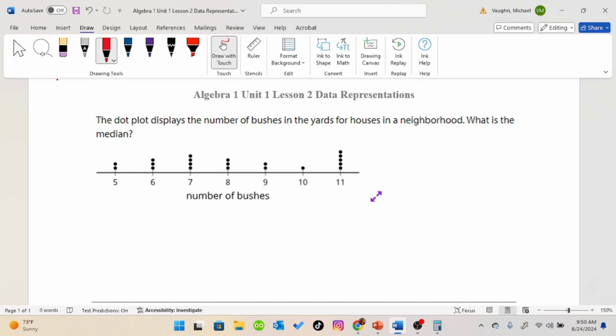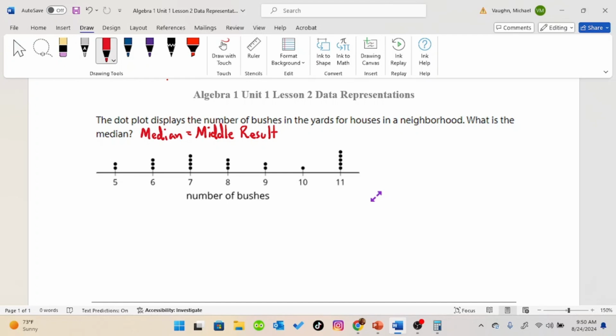So we need to remember the median is the middle result. Just like on a road, the median is in the middle.